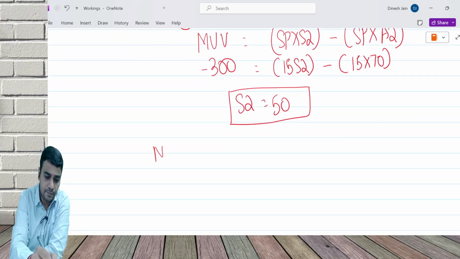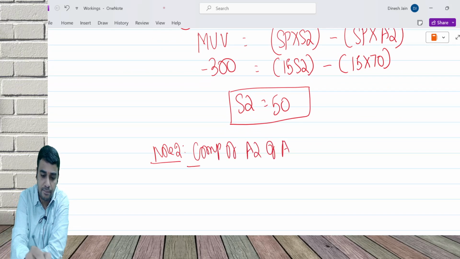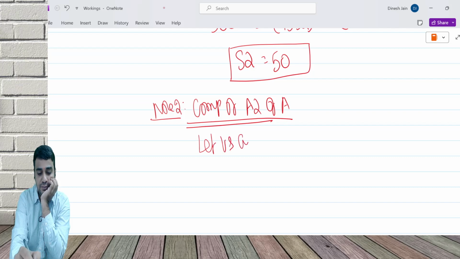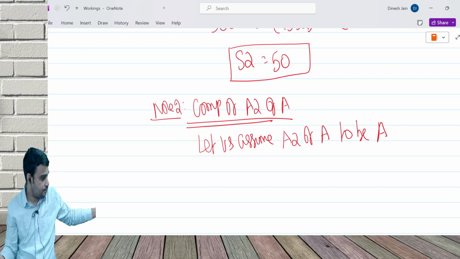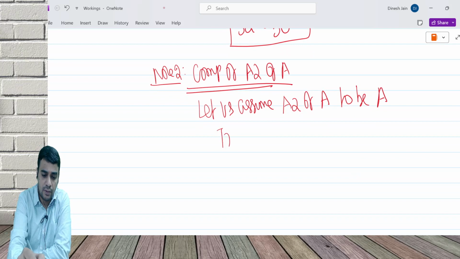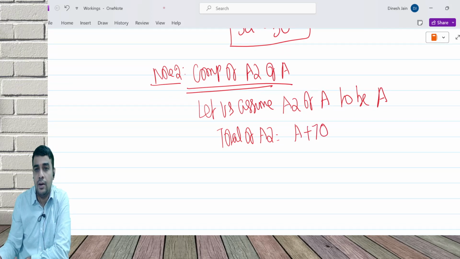Note 2. Computation of AQ of A. Let us assume AQ of A to be A. Total of AQ equal to A plus 70, split into 2.